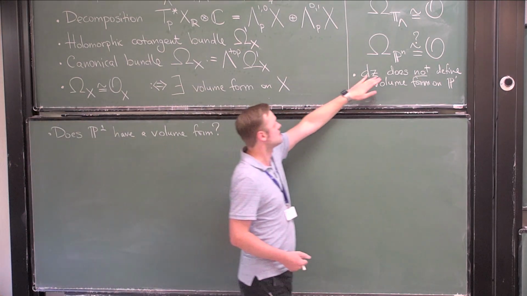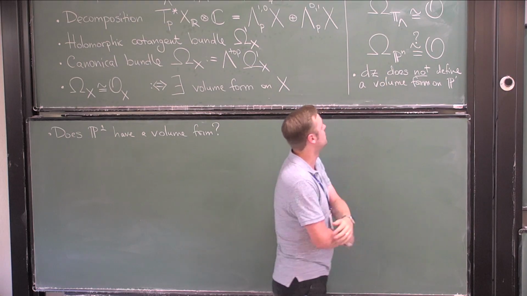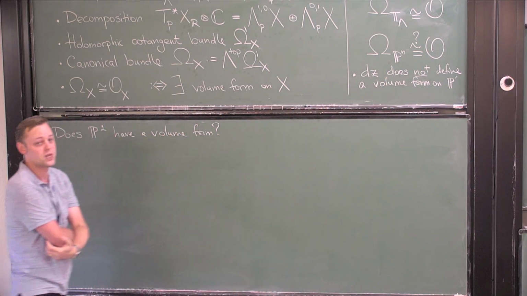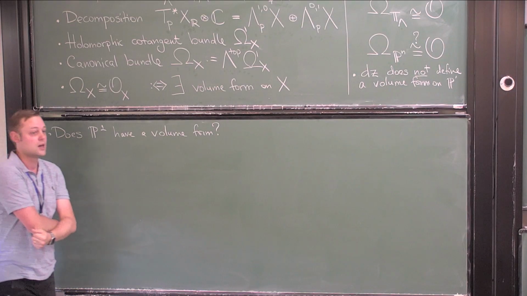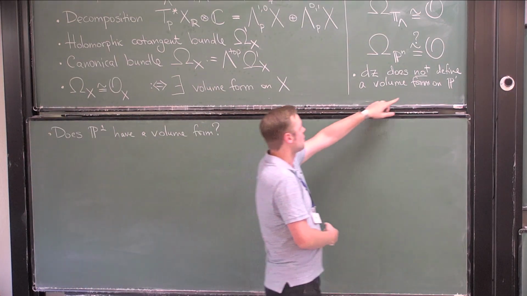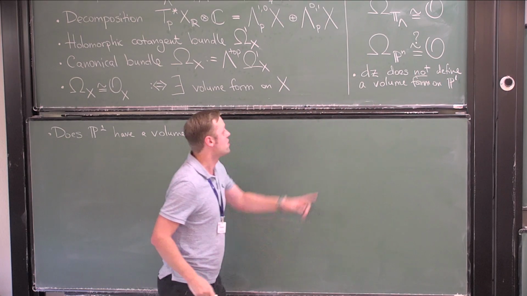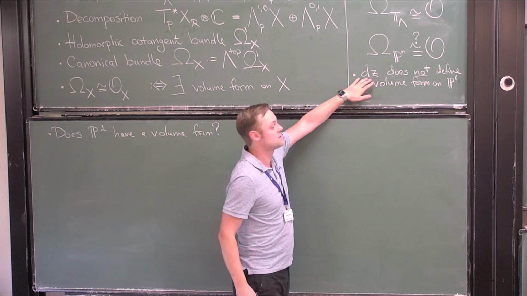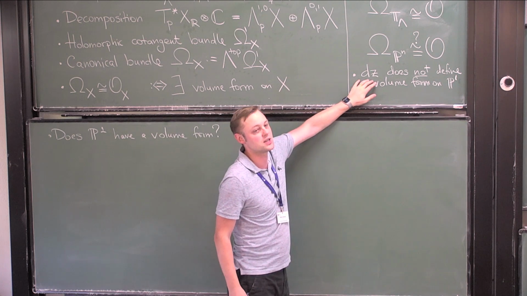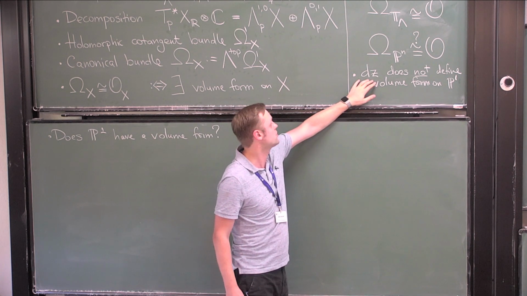And then we ended with this example of the projective space. We were trying to figure out if it has a trivial canonical bundle, and in particular we looked at P1, the simplest case. Our original, most naive guess, which is just to take dz in one of the affine coordinate charts, we saw that failed.